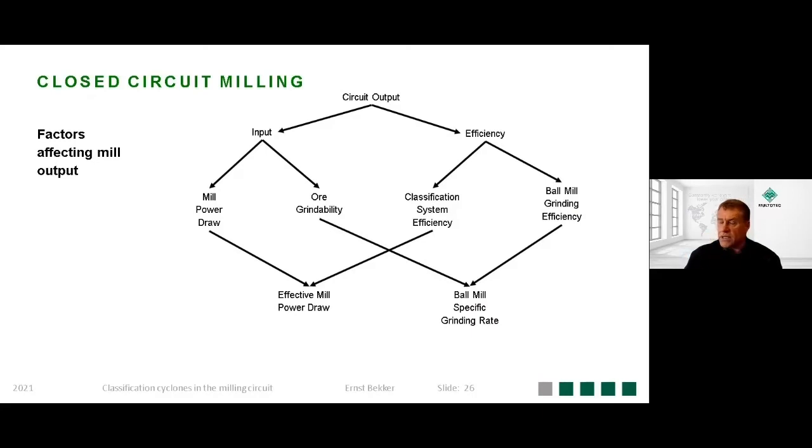I'm not going to belabor this, but to illustrate, there's your circuit output, there's the input and efficiencies. That input they break down into mill power and ore grindability, and the efficiencies, classification system efficiency and ball grinding efficiency. By rearranging this, you can get back to a final circuit output.